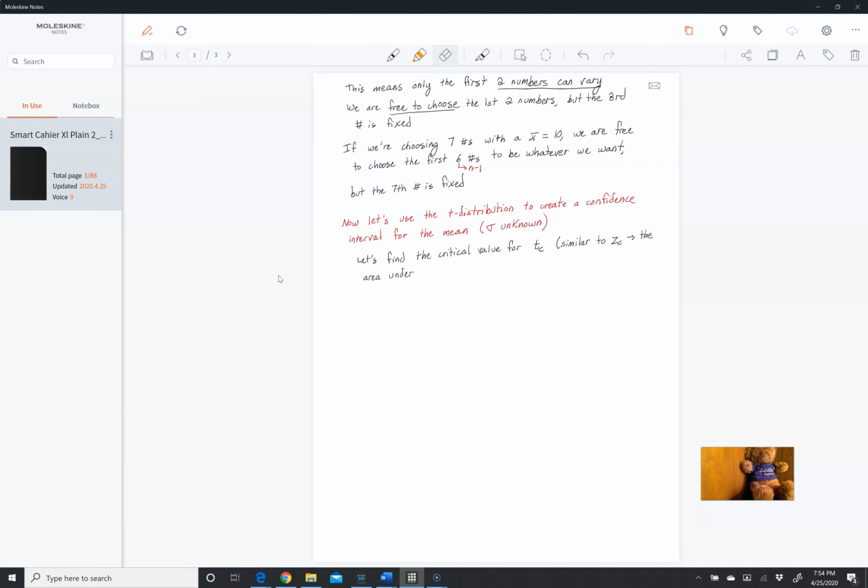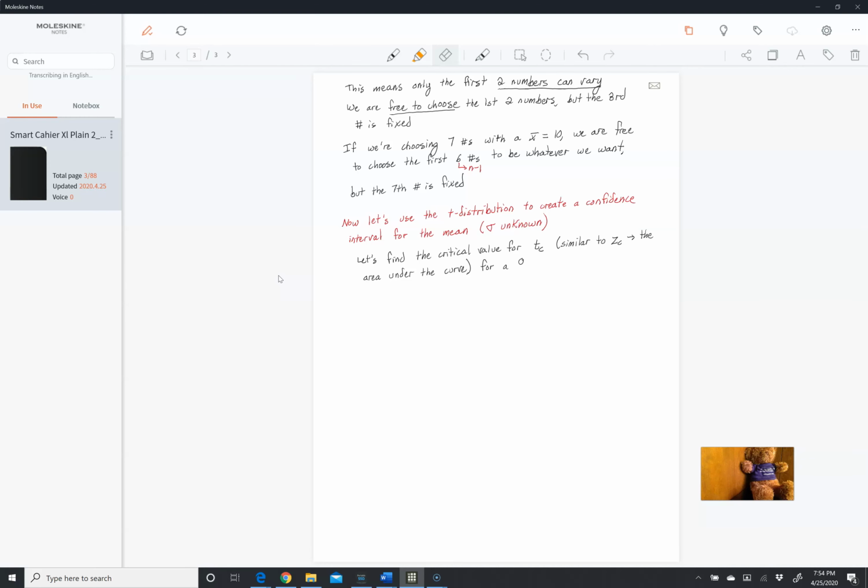It's the exact same thing that we found with z sub c, just using the t-distribution. Now the difference is that we need to know the confidence level and we need to know the sample size. Okay, so we're going to specify that.